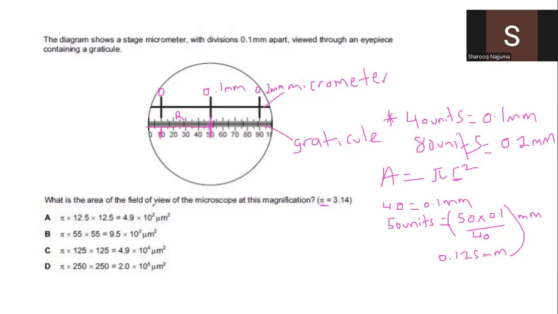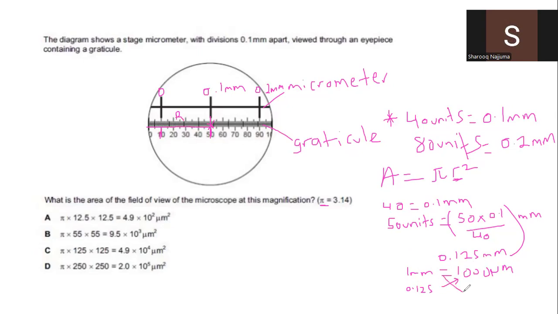millimeters. But when I look at the possible answers, there is nothing like millimeters. That means I have to change to micrometers. Remember that 1 millimeter is equivalent to 1,000 micrometers. So how about the 0.125? Do the math.